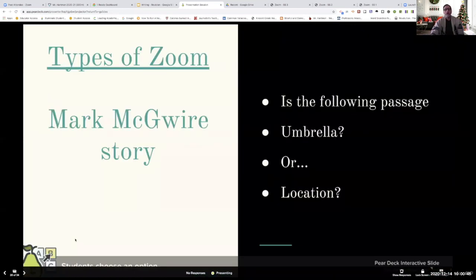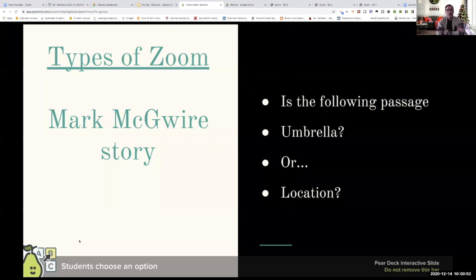So I'm going to read a passage. For those of you who are actually listening, you will be able to participate here and get an idea of what I'm talking about. It's a brief story about Mark McGwire. At one point, I believe it was 1998, he broke Roger Maris's long-standing single-season home run record of 61 home runs.